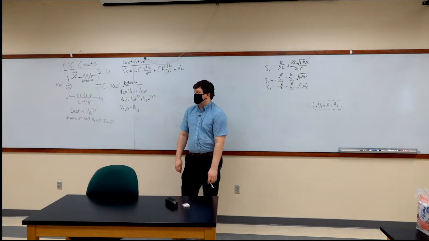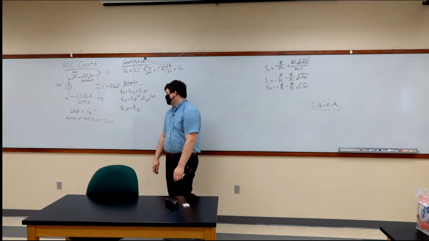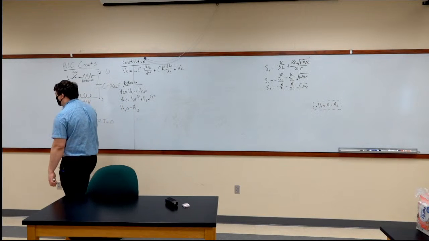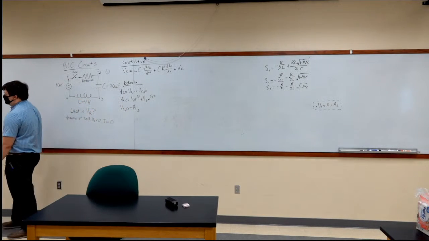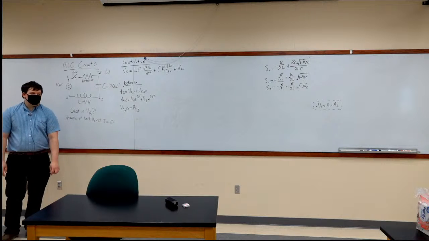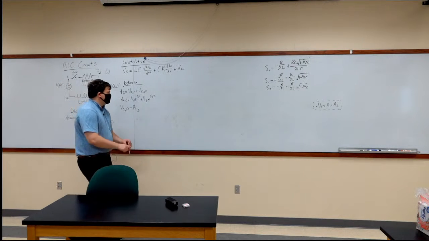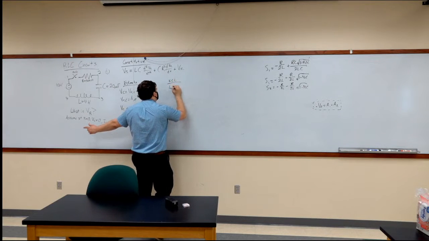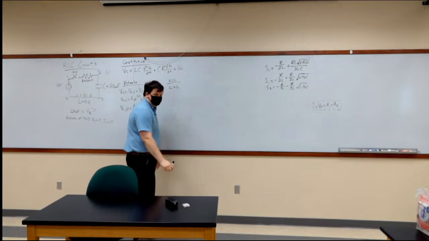Well, I erased all of our KVL, KCL equations. I did. And one of the things that you can do with the KVL and KCL equations is solve for IL as some function of VC. Okay? I'm going to go ahead and do that quick. From KCL, we know IL is equal to IC.